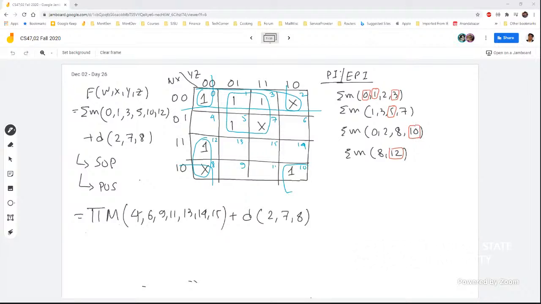Okay, so what would be my optimized expression?